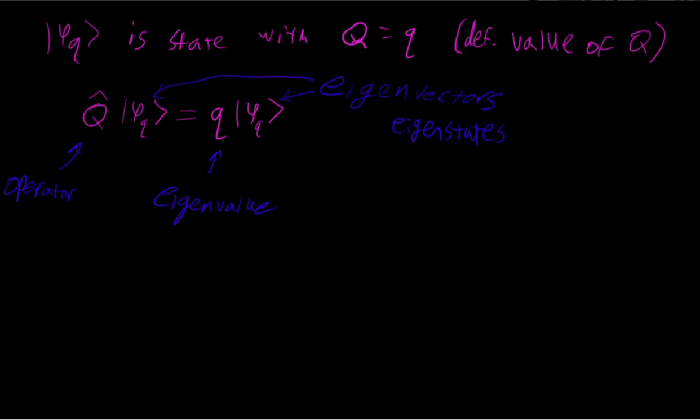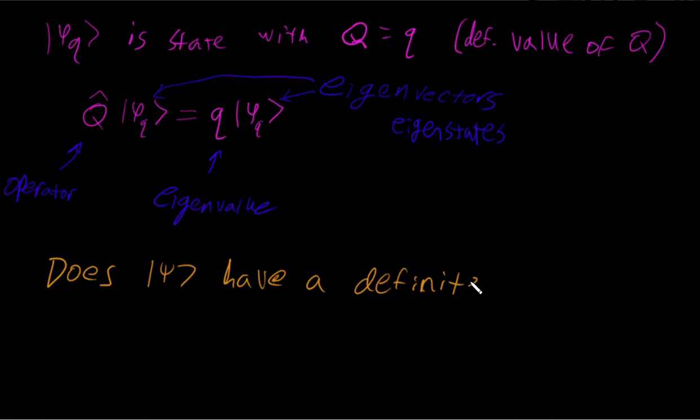How can we use this? There's two things. One, I can ask, does some function, some state vector psi, have a definite value of the observable Q?